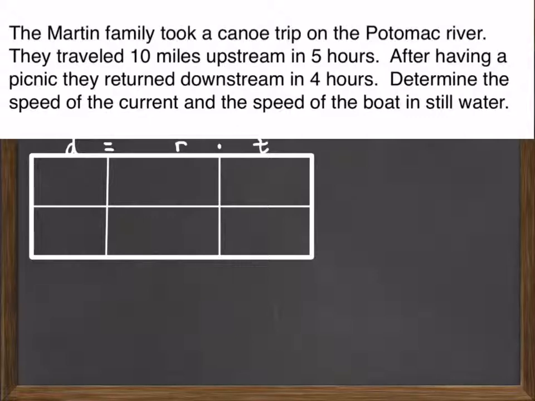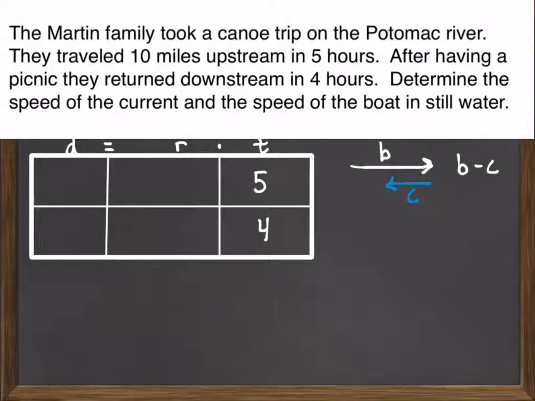So, to set a problem like this up, first let's put in what we do know. The time was 5 hours for both of them. So here's the picture you want to kind of look at. When they're going upstream, the boat's going into the current. So they can make the boat go at a certain speed if they were out in a lake or something. But the current's going to be holding them back.